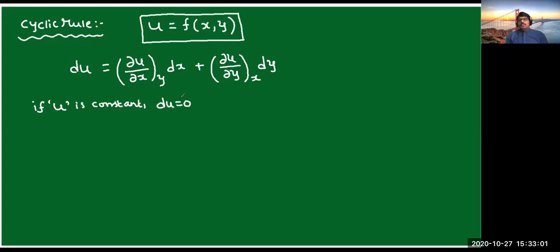A very important statement I'm going to make: whenever a constant term is introduced into the total differential, the total derivative is changed to partial derivative, and in the case of a partial derivative there is no change.